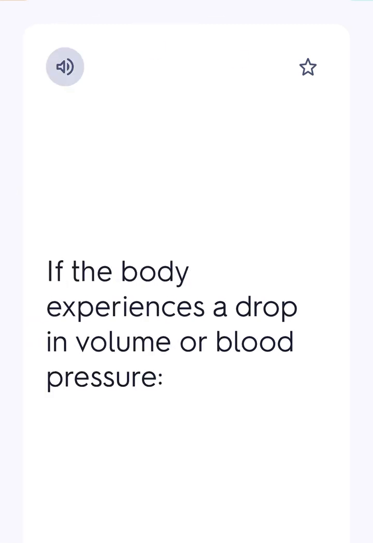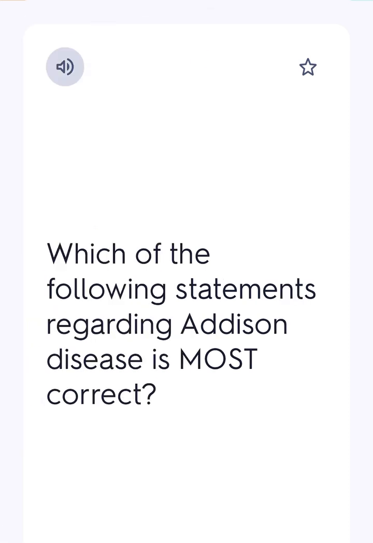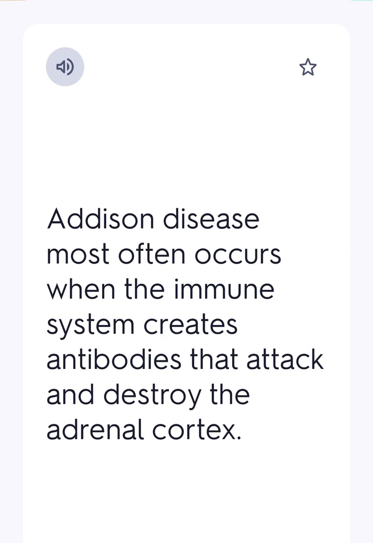If the body experiences a drop in volume or blood pressure, aldosterone secretion stimulates the kidneys to reabsorb sodium from the urine. Which of the following statements regarding Addison disease is most correct? Addison disease most often occurs when the immune system creates antibodies that attack and destroy the adrenal cortex.